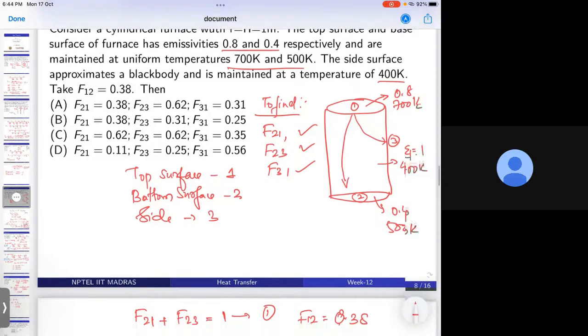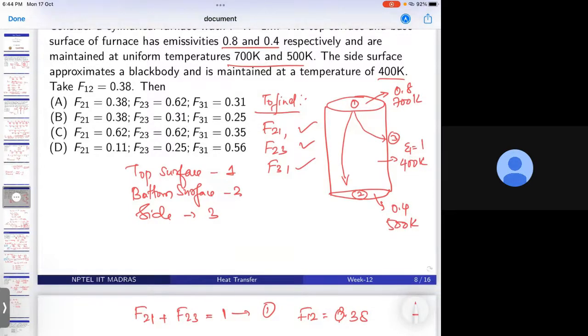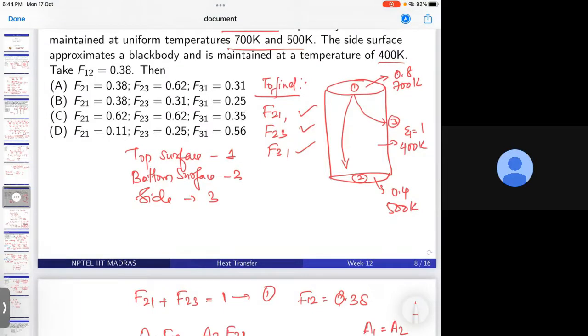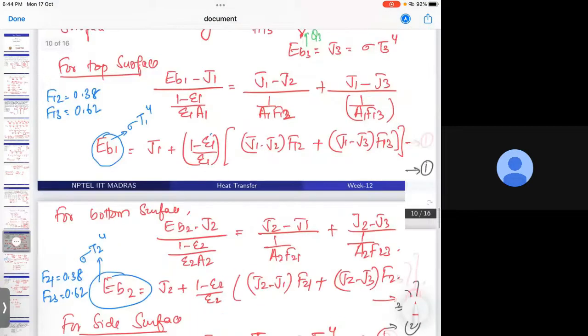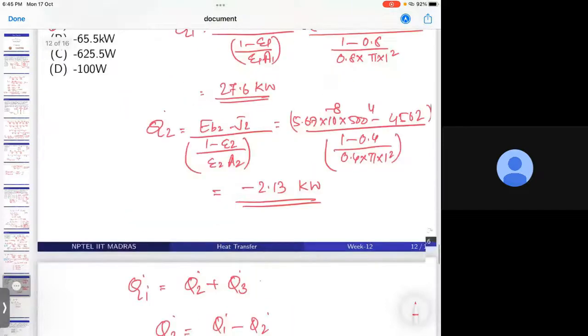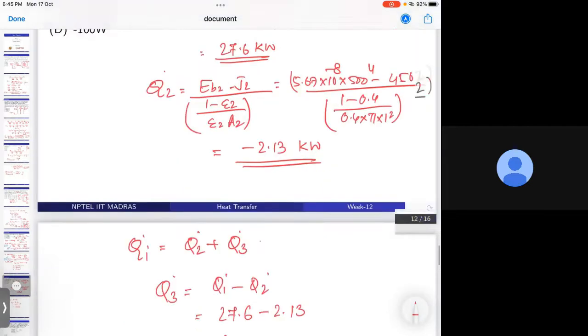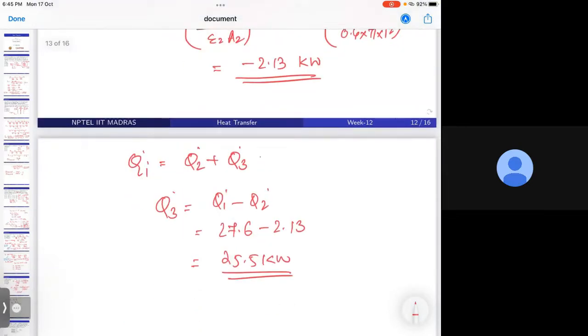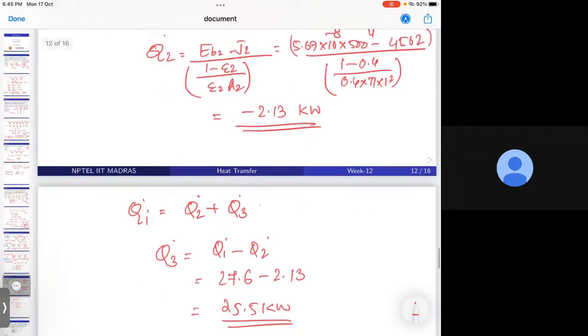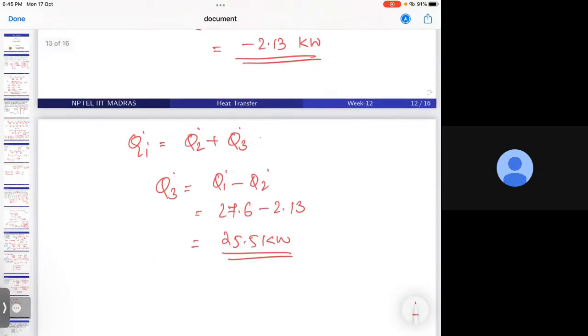Okay. So in order to maintain this steady state, we have to continuously supply this 27.6 kilowatts of heat to the top surface 1, and we have to continuously take off heat of 2.13 from the bottom surface and 25.5 kilowatts from the side surface.